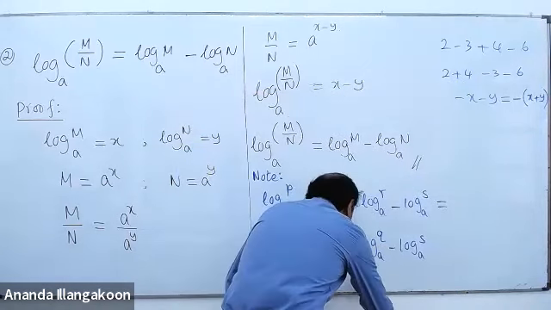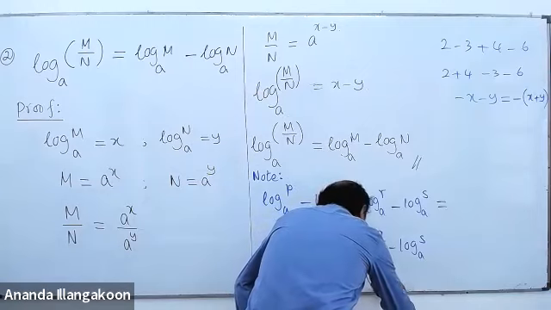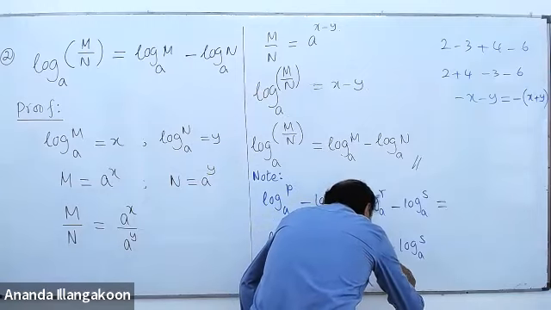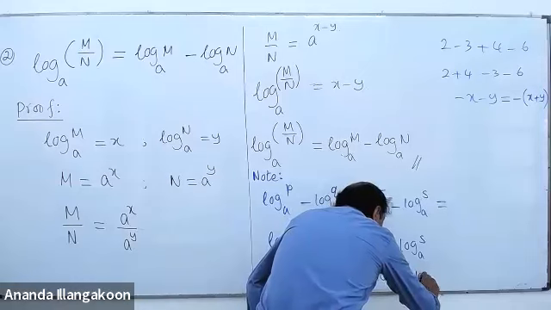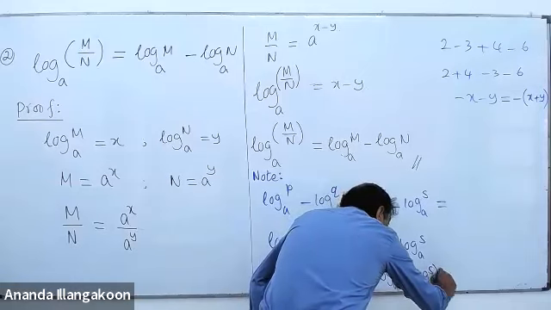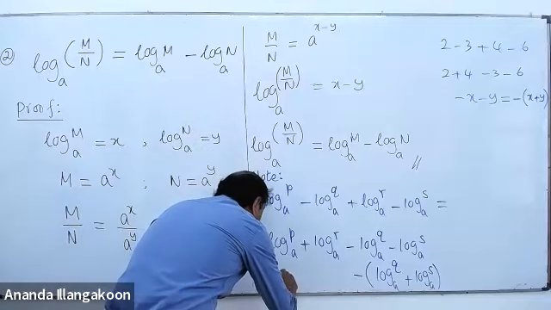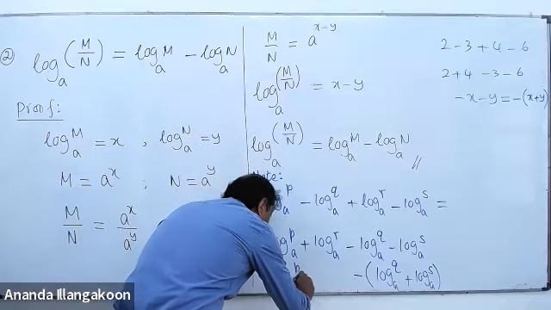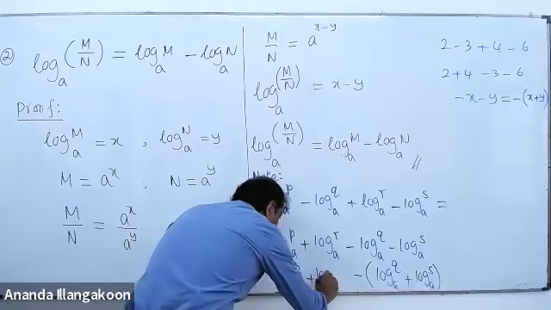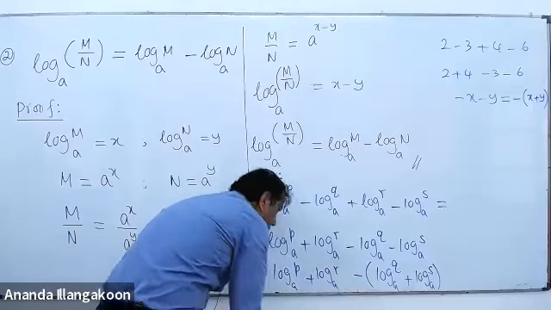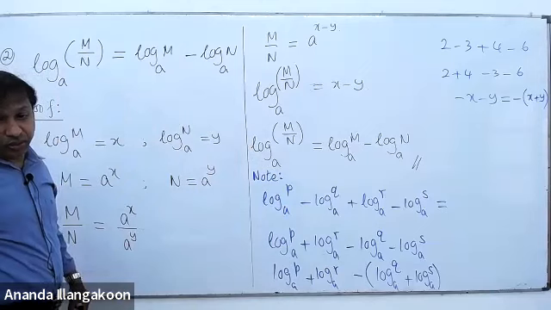Then what do you get there? Minus, open bracket; both should then be positive within the bracket, like this. This way, and here we have log AP plus log AR. This way we get. I think up to here you can understand clearly.